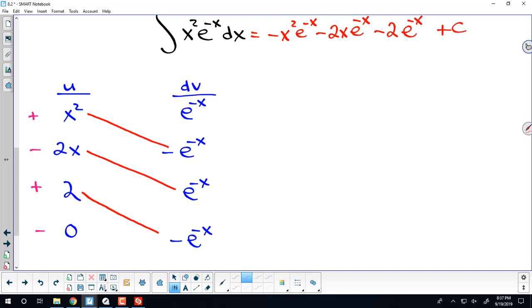If I start off with this integral, and I end up going in circles because I keep getting the same integral, all I have to do is add that integral to both sides, and then I have two of those, and then I'll divide by 2 to solve for that integral.